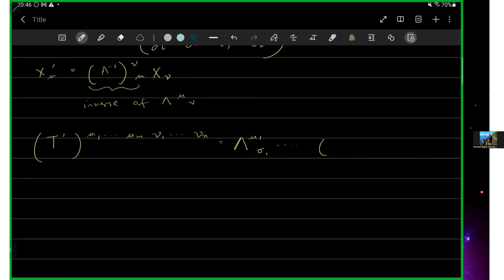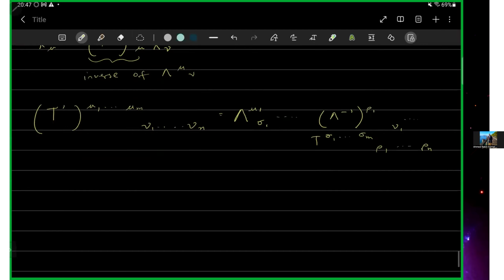And for the indices that are downstairs, I can use the inverse ones, up to as many indices as I have, and it would act on the components of the tensor, as follows.